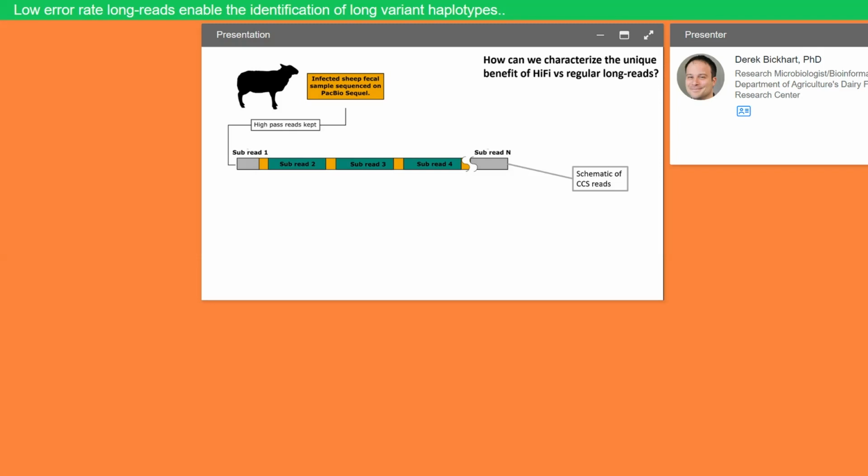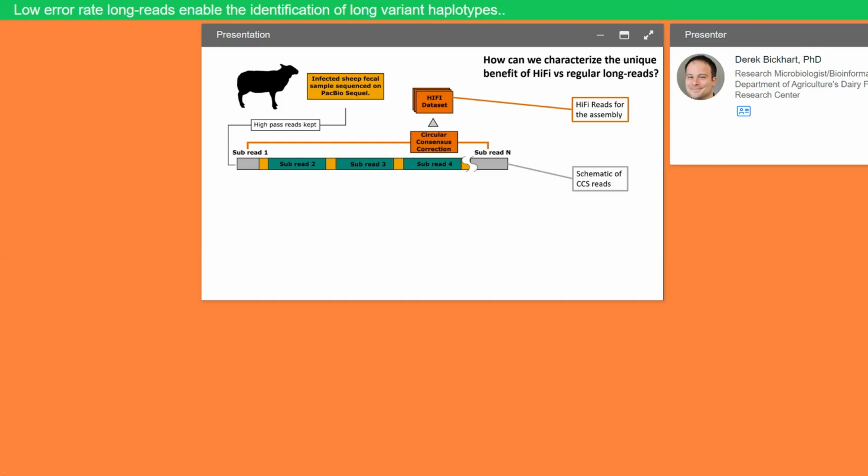So in this diagram, I show a schematic of the PacBio read in multiple subreads. Just as a reminder, each of these subreads is used to correct the read for the final hi-fi data set. So this entire read is turned into one read in our hi-fi data set.